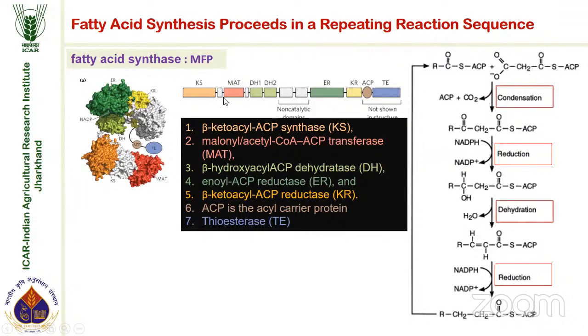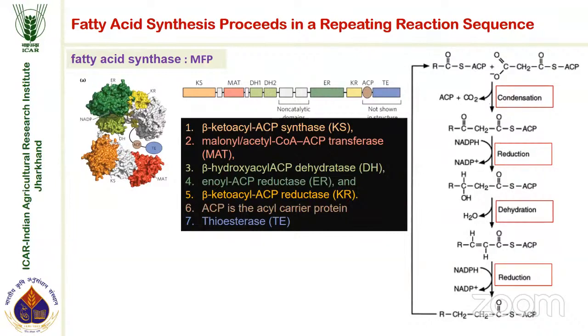Okay, so here in fatty acid synthase, you see you have 1, 2, 3, 4, 5, 6, and 7 units. So the first one is beta ketoacyl ACP synthase, then malonyl acetyl CoA ACP transferase, MAT, and then you have dehydratase, then you have reductase, then you have ACP reductase, and then you have a carrier protein which has unique arm-like structures.